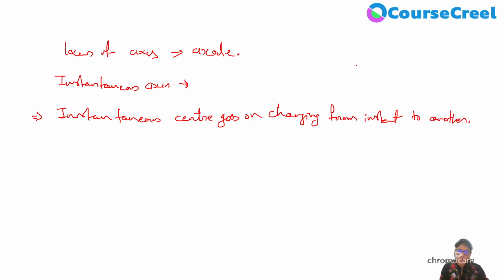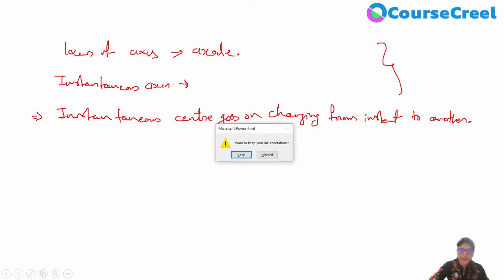Right, so instantaneous center goes on changing from one instant to another, मतलब एक पोजीशन से दूसरी पोजीशन में जो भी हमारी लिंक चेंज हो रही है, तो हमारा instantaneous center भी चेंज होगा. ओके, सो these point you have to remember all these 3 points, right? चलो, give me a second.